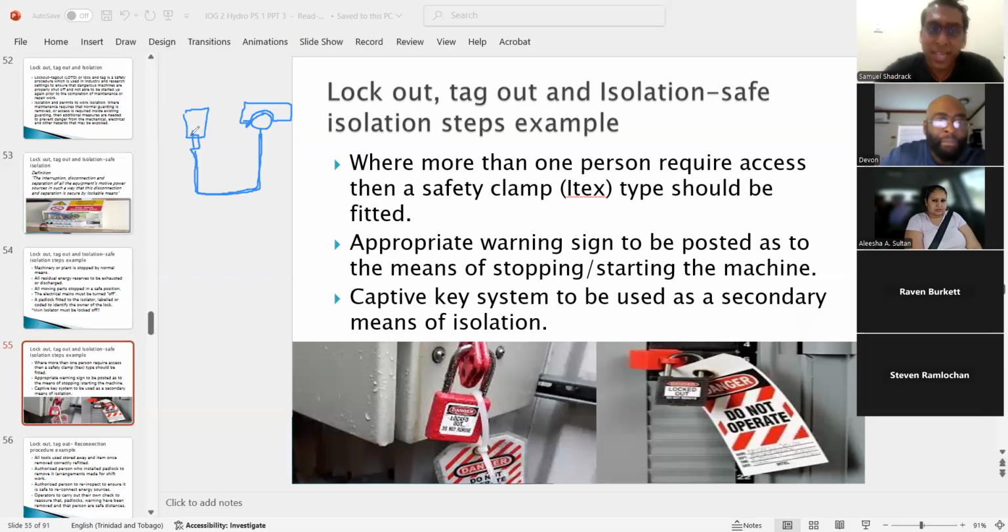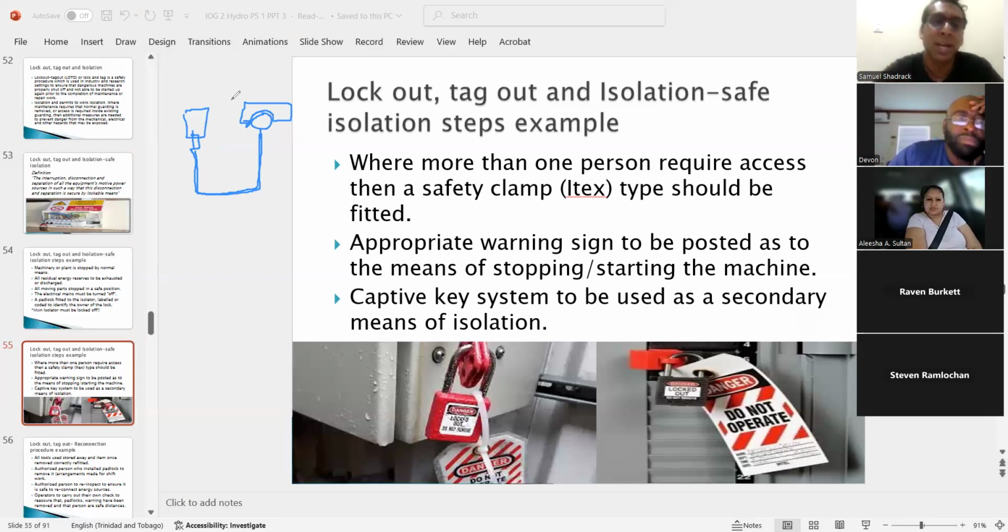The fact the key is here means that there's no flow, which is what you want because this is meant for isolation. So when the key is removed and you open the clamp, then the gas will flow. So in a captive system, the key is a part of the function of the machine. In this case, I link it to a line.